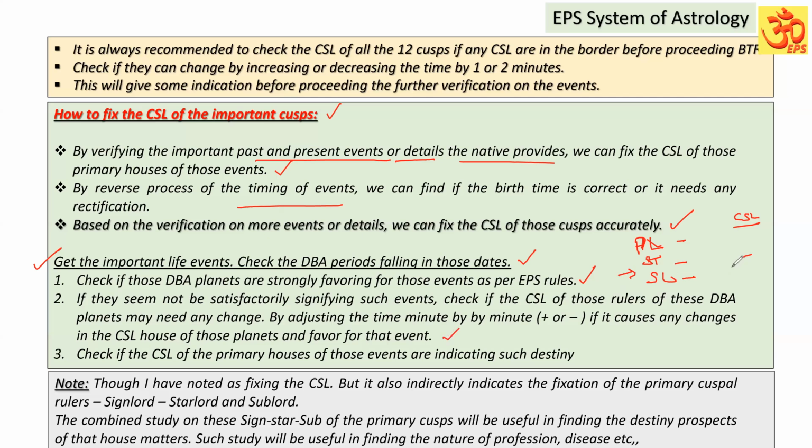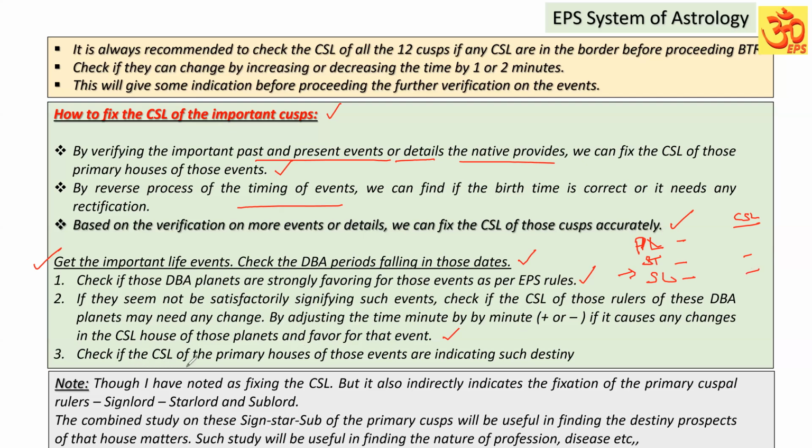By adjusting the birth time by 1 minute, the cuspal sublord of the star lord planet can become favorable, or the unfavorable cuspal sublord of the sublord can be changed. It can become favorable also. So we have to do that.